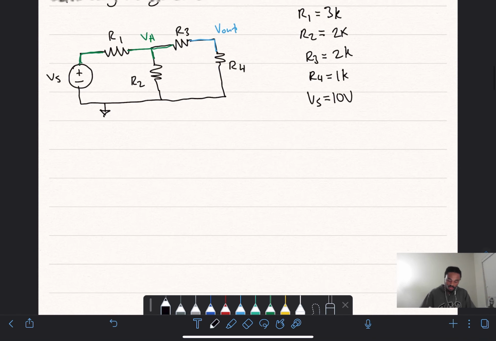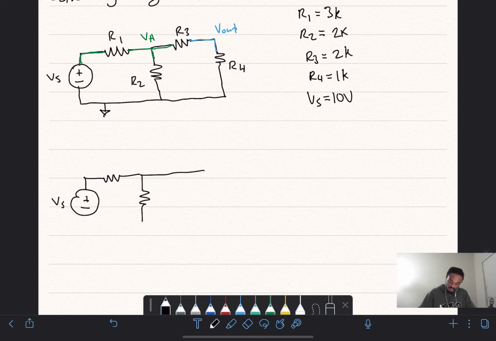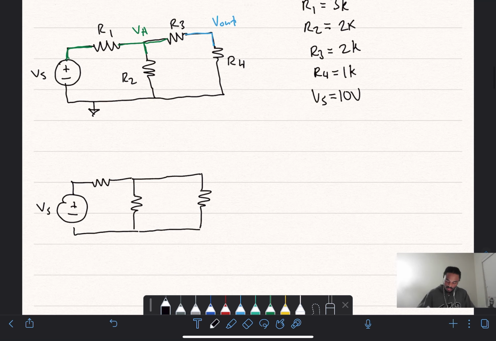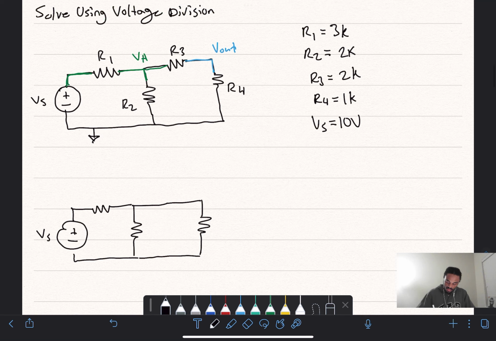R3 and R4 are in series. They have the same current flowing through them. So we can simplify our circuit to look like this. Everything else stays the same, except we just add R3 and R4 together. I'm going to start writing the values just to keep track of stuff.